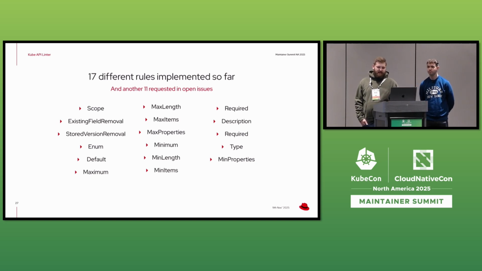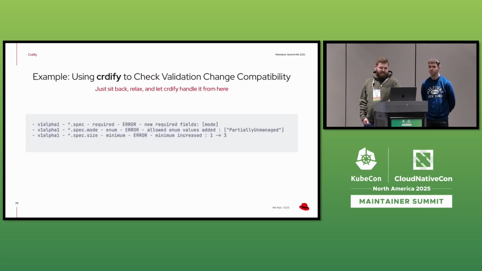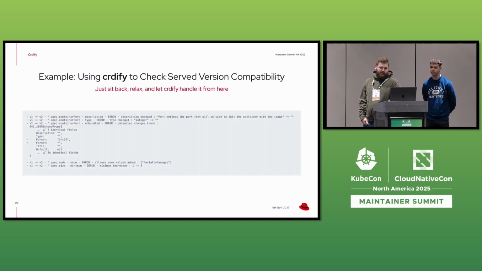We have another 11 in requested open issues. And this is an example for the validation change compatibility. You see new required fields, new allowed enums were added, the minimum was increased. And here, this is for the served version compatibility. You can see that it's checking v1 to v2. It's specifying what fields it's all errors in.